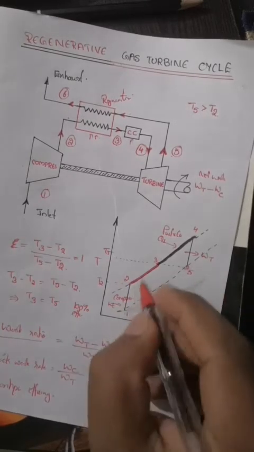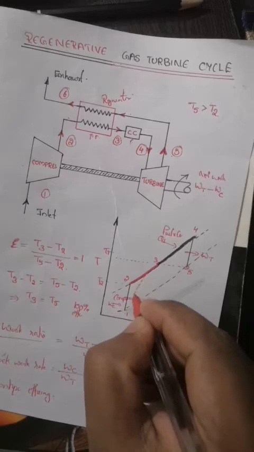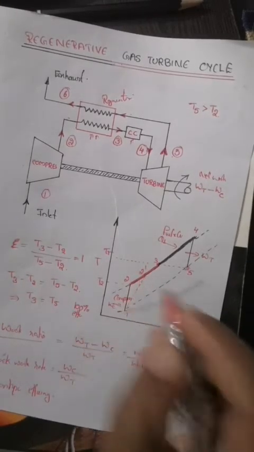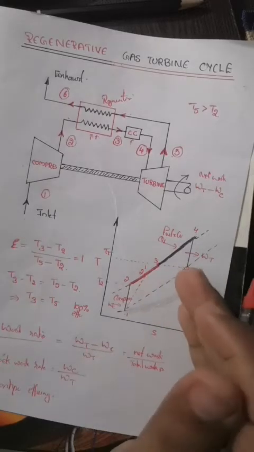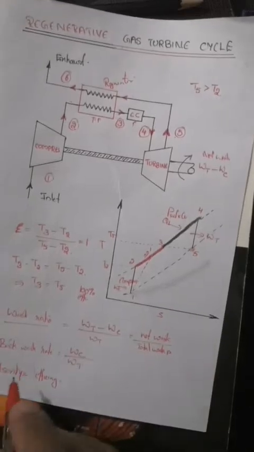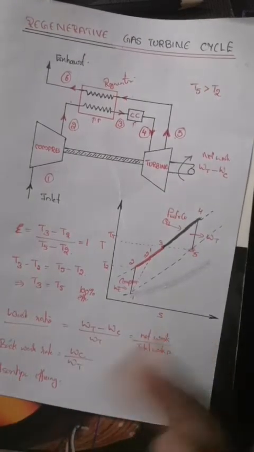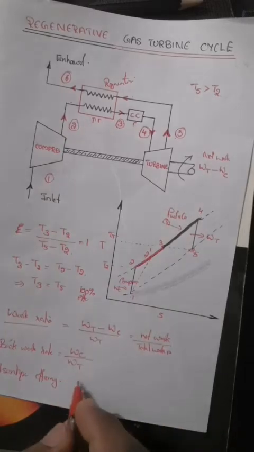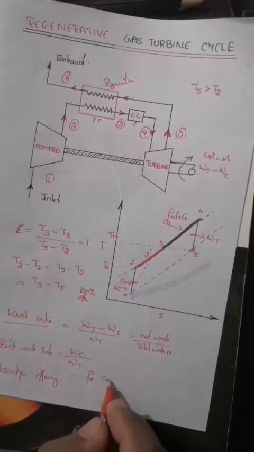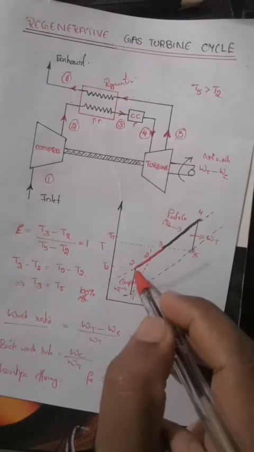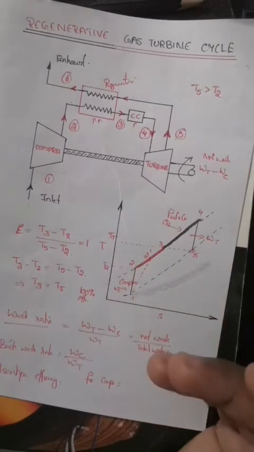But in the actual compression process, the process will deviate like this, starting from 1 to a point called 2 dash. This will be the actual outlet point of the compression. So the isentropic efficiency for a compression process, only for a compression process, is defined as the isentropic work divided by the actual work.